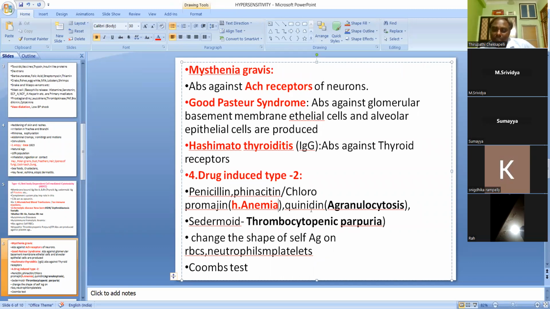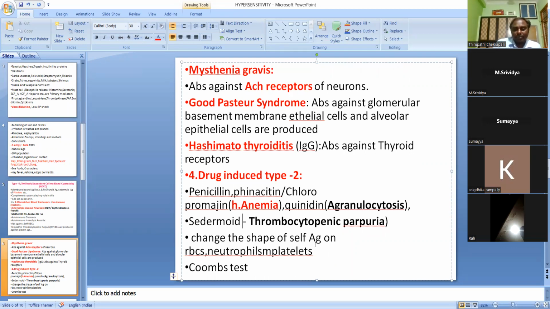Pyridine usage causes agranulocytosis. Sedormid is a kind of drug that causes thrombocytopenic purpura, that means lesser production of all these cells, platelets, agranulocytes, and RBCs, due to usage of drugs more than normal.